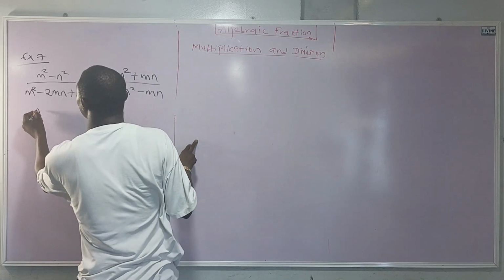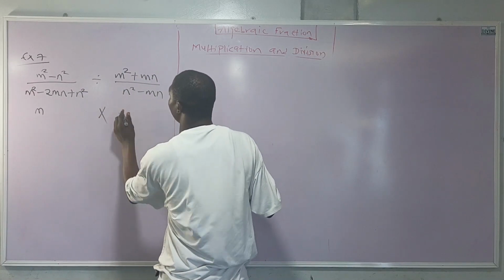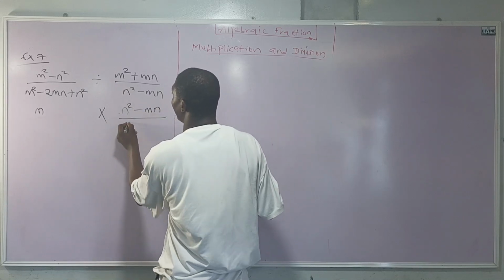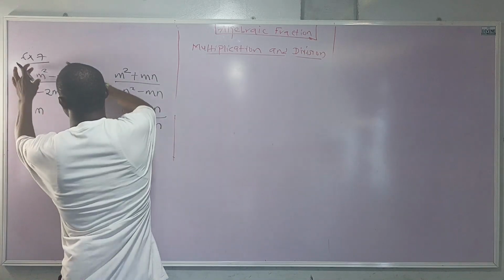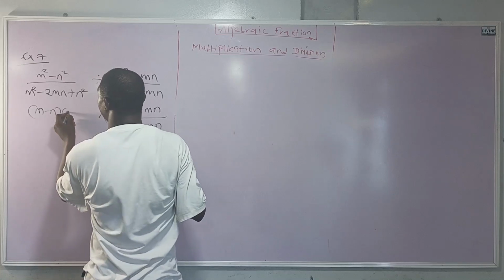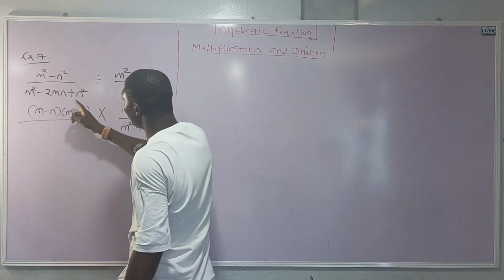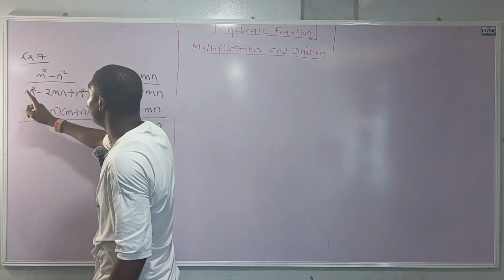So we have (n squared minus mn) all over (m squared plus mn). And this difference of two squares, we have m minus n and m plus n. The coefficients of m squared and n squared are both 1, 1 multiplied by 1 is 1.